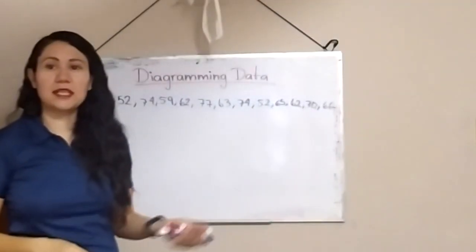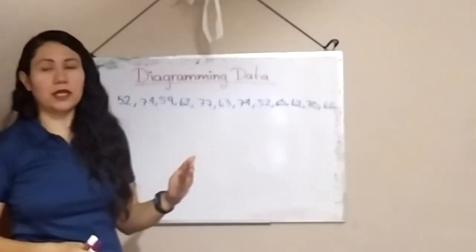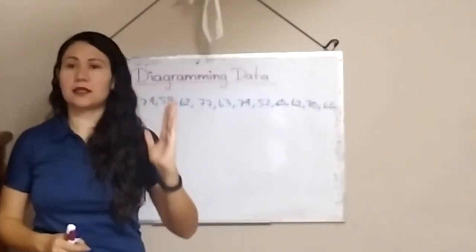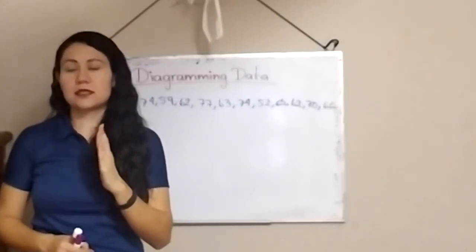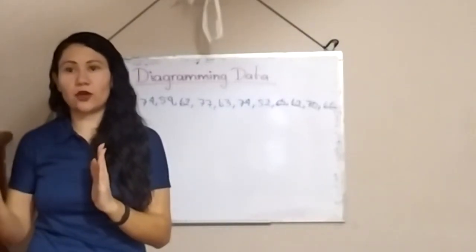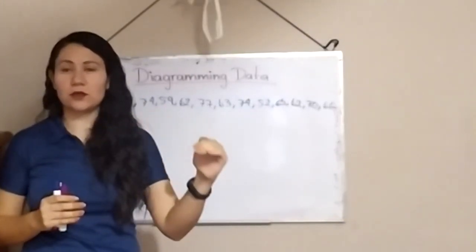Now, for the stem and leaf diagram, we are going to separate each of the data into a stem and a leaf. The stem is going to be what is beyond the units, and the leaf is going to be only the units.